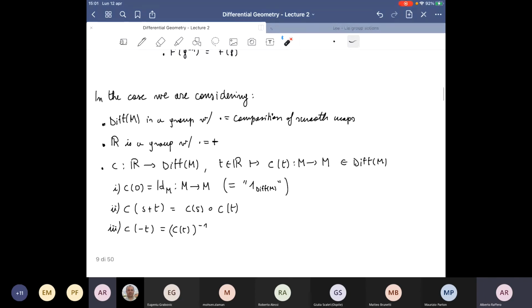Well, in the case we are considering, for instance, the set of diffeomorphisms of the manifold is a group with respect to the composition of smooth maps. So this means that you will have smooth maps from the manifold to itself, which are diffeomorphisms, so they have a smooth inverse, and you compose them and you will get another diffeomorphism of the manifold.